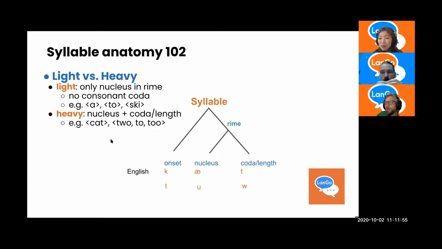And that's a little bit longer than in I like to swim, right? So maybe we would find some phenomena that would indicate that one is a heavy syllable, but another two is not, right?